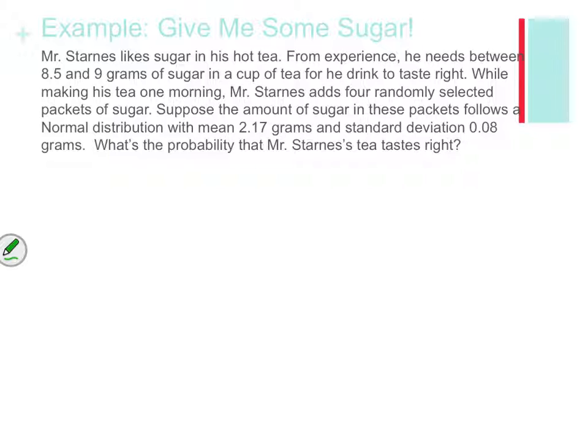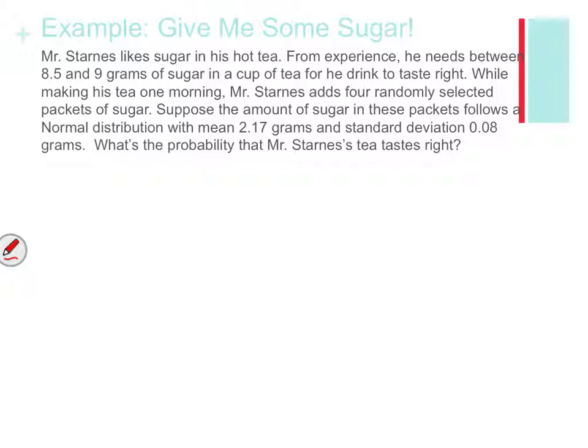Let's look first at the sums of normal random variables. Mr. Starnes likes sugar in his hot tea. From previous experience, he needs between 8.5 and 9 grams of sugar in a cup of tea for the drink to taste right. That is very specific.